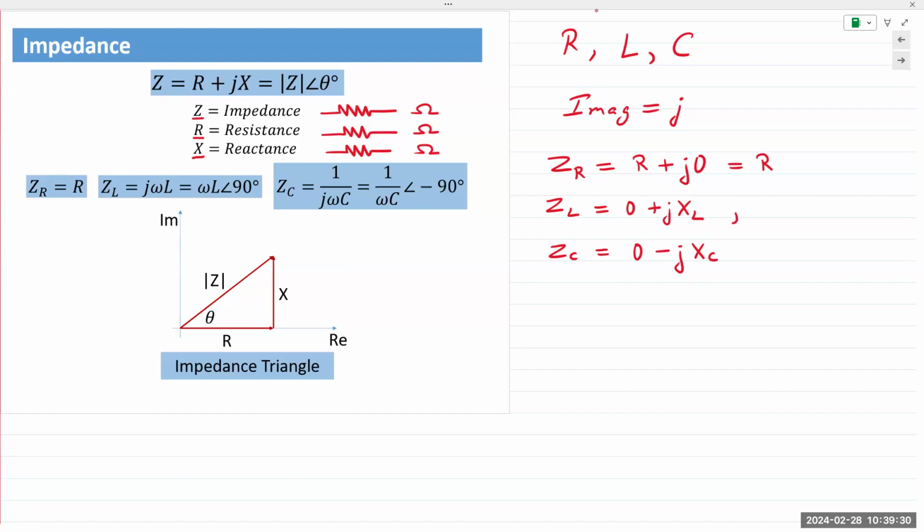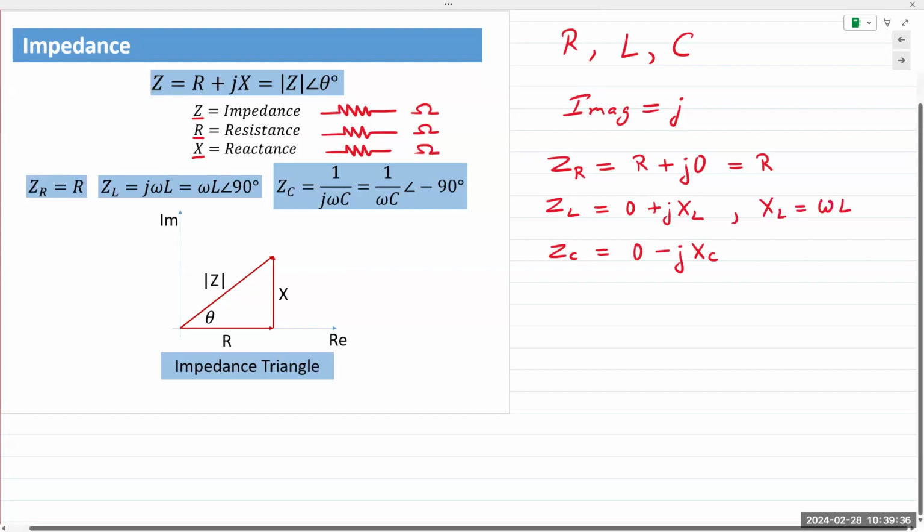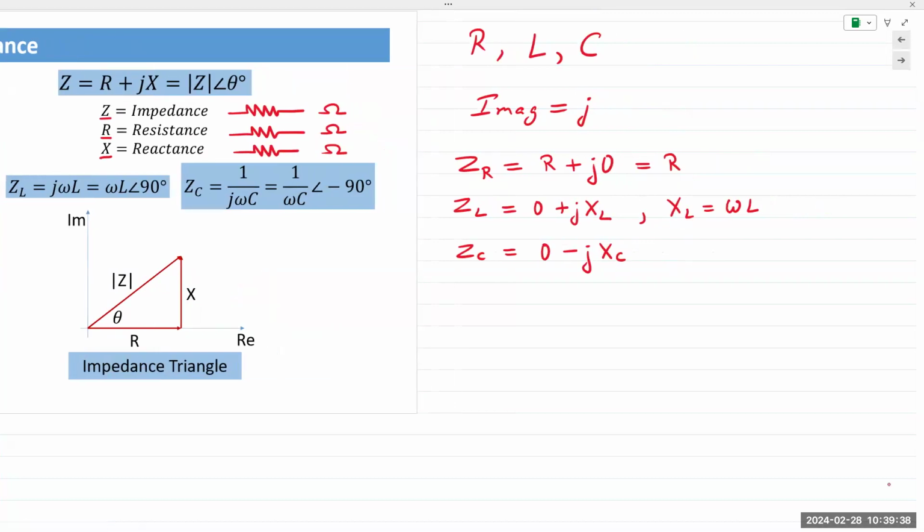XL is omega L, also equal to 2 pi F L. Omega is 2 pi F. Omega is the angular frequency or the angular velocity in radians per second.